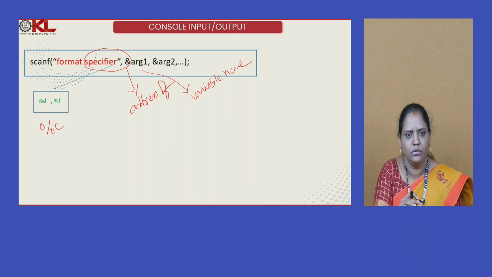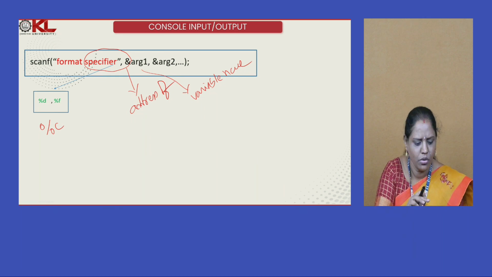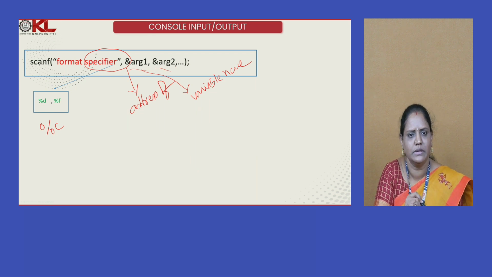So through scanf, we are giving an instruction to our computer to get some value from the keyboard and store it in the respective variables. So scanf is one more statement used to get input from a keyboard.